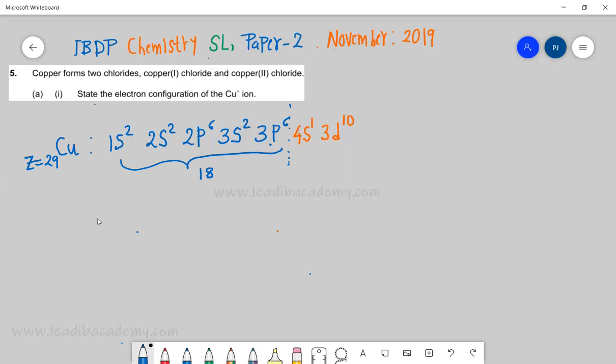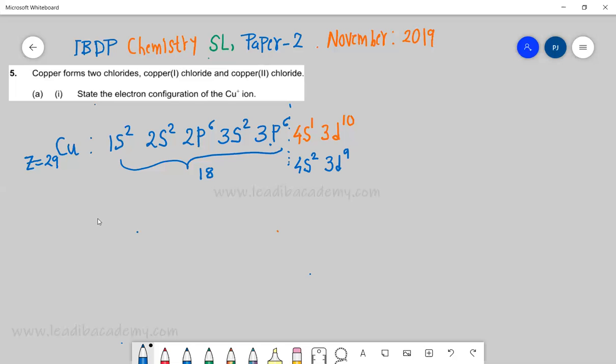Which is the next orbital as per the Aufbau principle in terms of increasing energy level? It is 4s. In the s orbital we can fill 2 electrons, so out of 11 we have consumed 2 and the balance is 9. Those will be filled in the d orbital, because the d orbital can accommodate a maximum of 10.